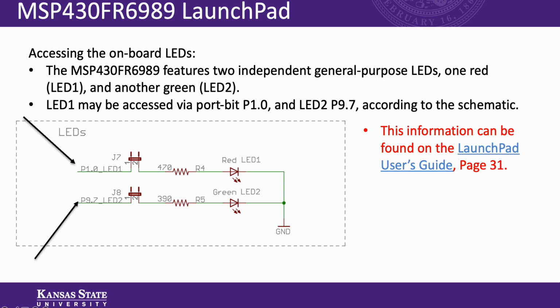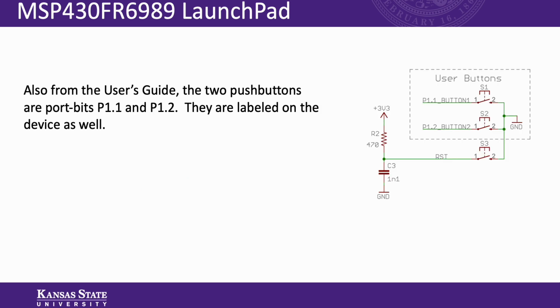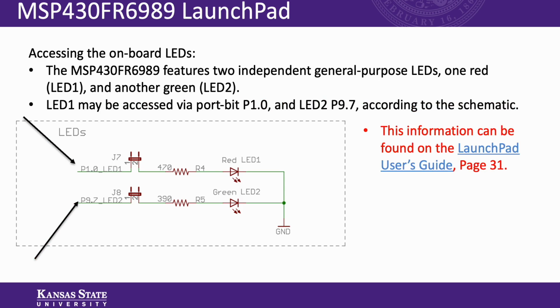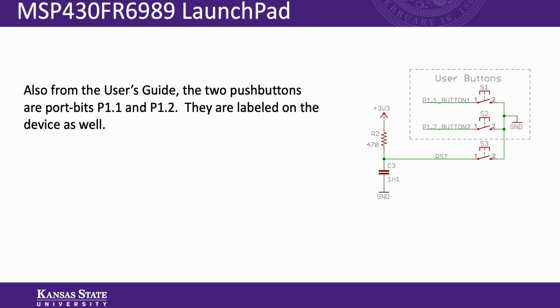Again, this information and schematic is from the LaunchPad User's Guide available at the Texas Instruments website, page 31 there. So you can click that link. The link is too long to place on this slide. It's also from the user's guide.